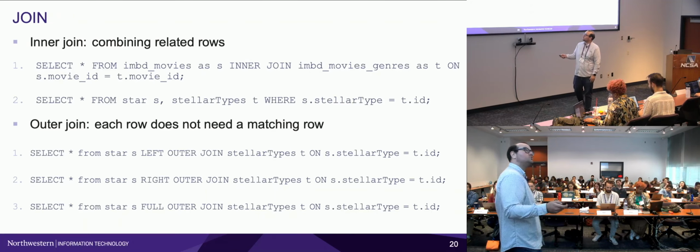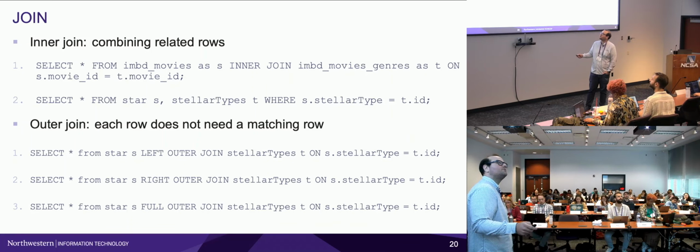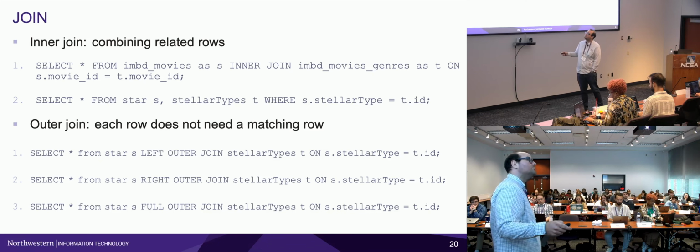So let's do a join statement. Here I would like all of the columns from the IMDb movies table. I would like to join on the IMDb movies genre table. And I would like to join on the column that they share in common, which is the movie ID column.